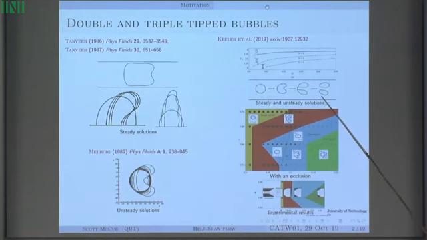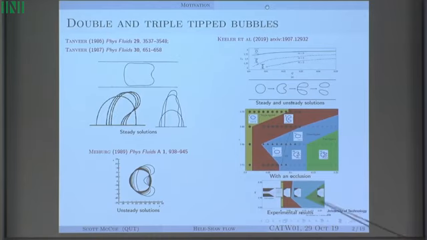These are unsteady simulations where you see a double-tipped bubble emerge, which ends up breaking up into two. In this case, there's a complicated solution space that I don't want you to worry about. But this has been drawn for the case where they had that rail on the bottom. So it's slightly different, but putting aside the detail, there are regions of this solution space where there are convex bubbles and double-tipped bubbles and triple-tipped bubbles and so on.